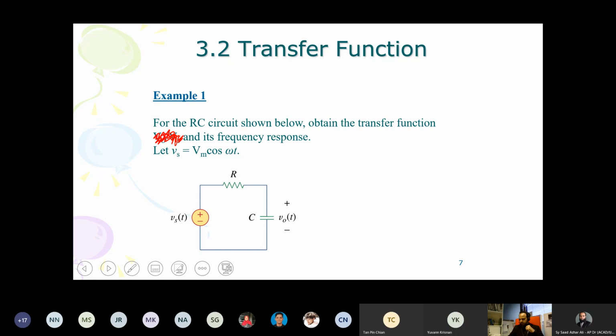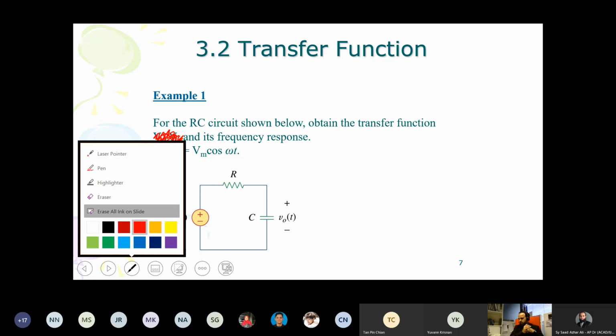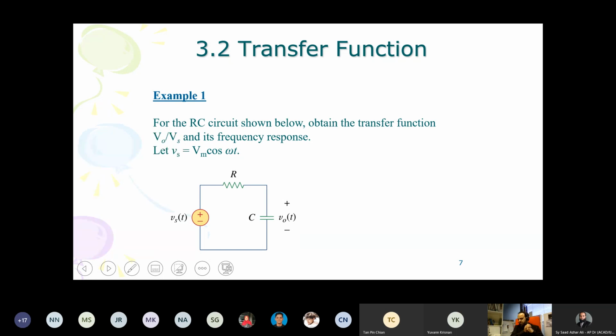By the way, you see that in the circuit, this is small and this is capital. What's the difference? What's the difference, guys? Today you guys are a bit sleepy, is it, or something?